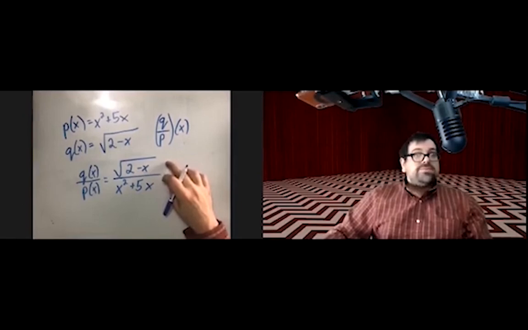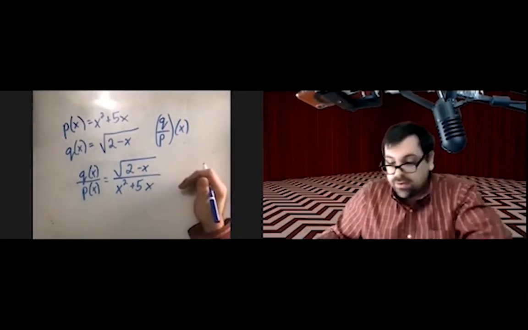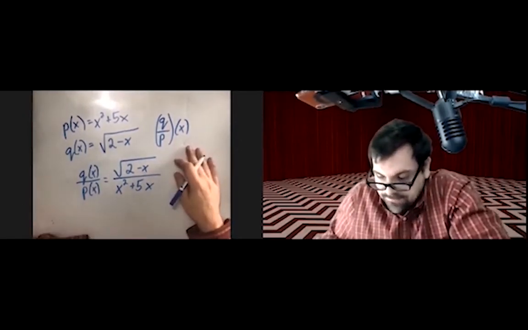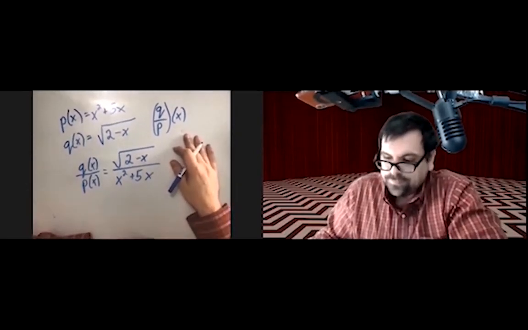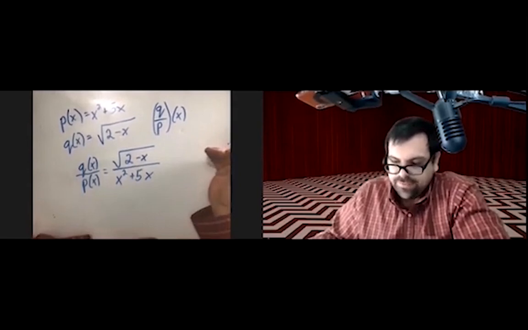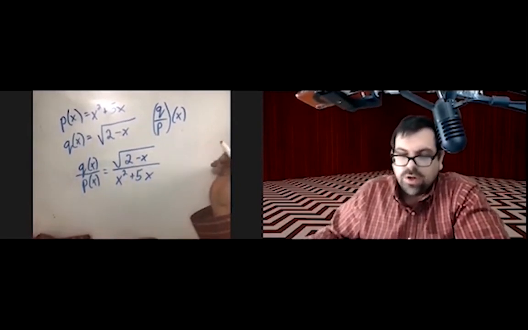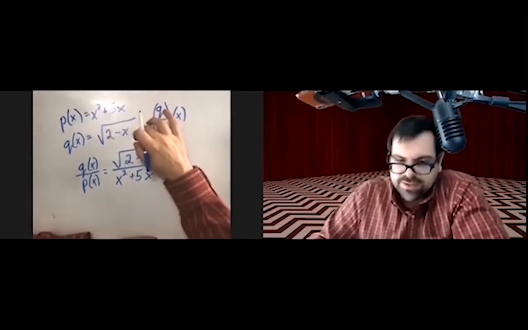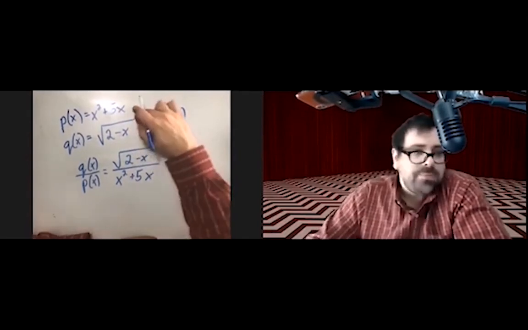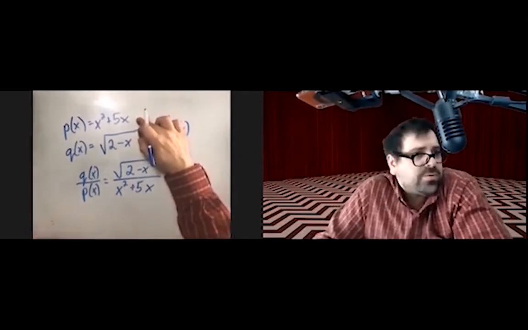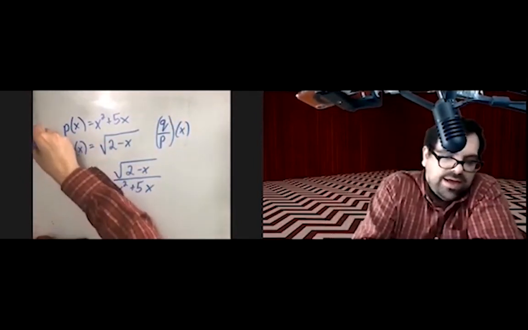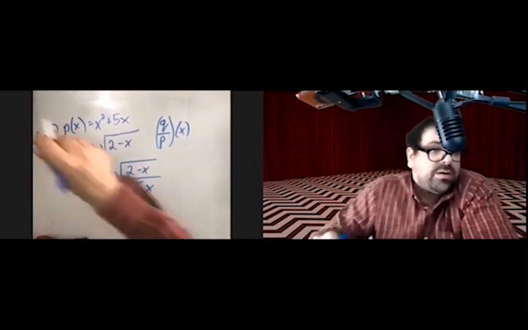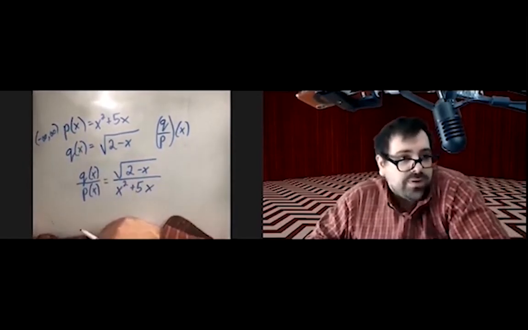We need to find the domain of this, though. So what can't we have? Well, the domains of each of these. P itself, x squared plus 5x, there's nothing we can't have there. So the domain for p is all real numbers.